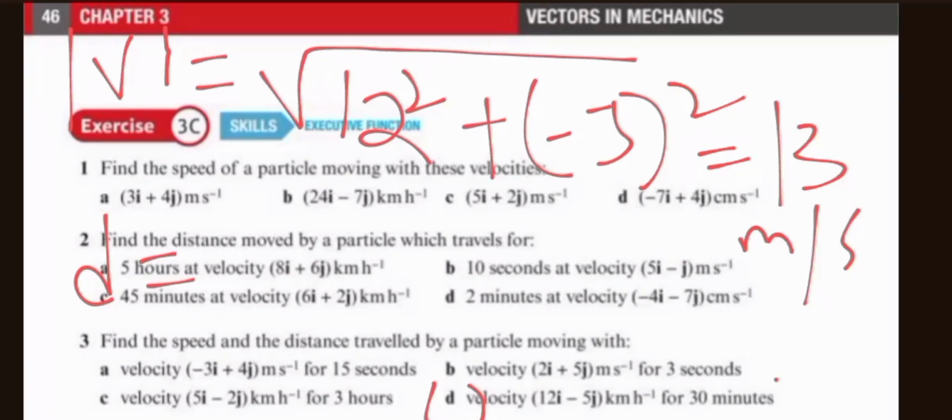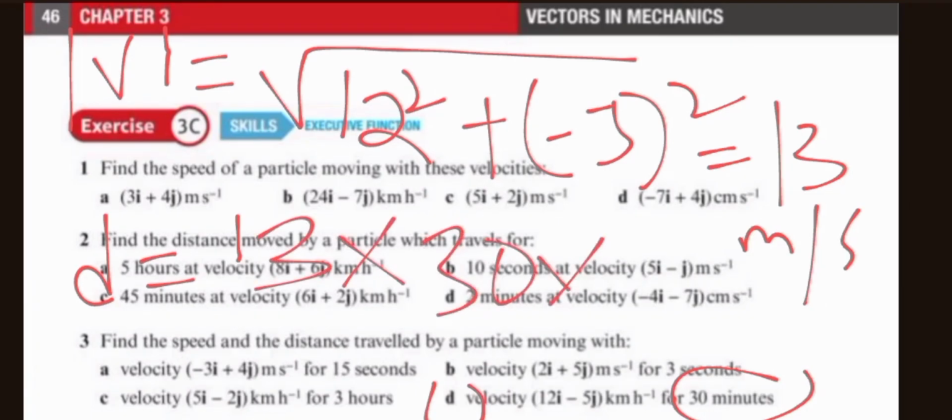And the time is given. So if we put it in the calculator, then it's 23,400 meters.